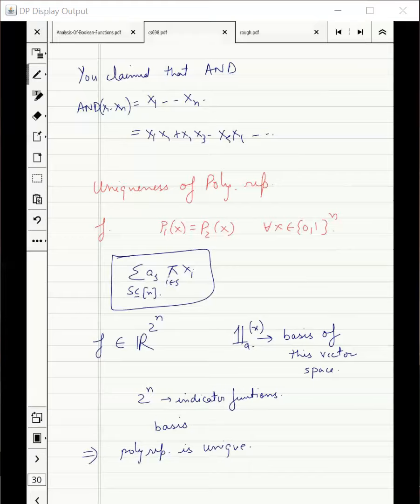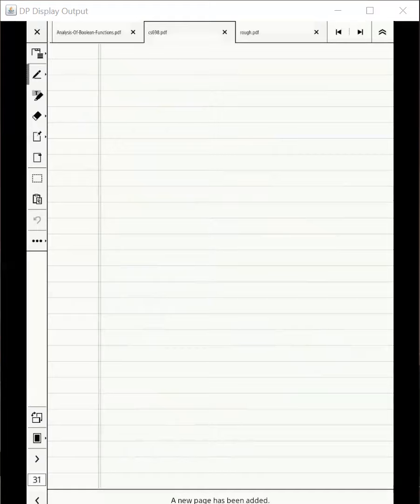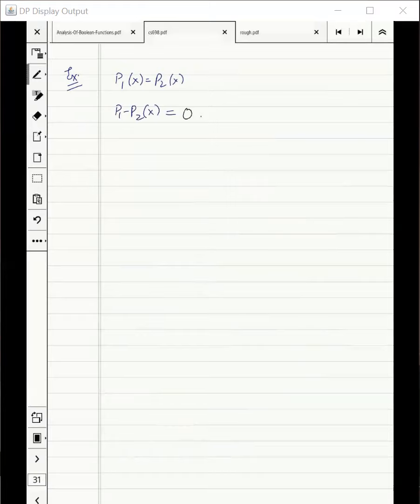Sounds good. Actually, as an exercise, you can just directly prove it. The idea would be, suppose P1(x) is equal to P2(x). That basically means that (P1 minus P2)(x) is equal to 0 for all x in this domain. And now, remember, this was of this form.